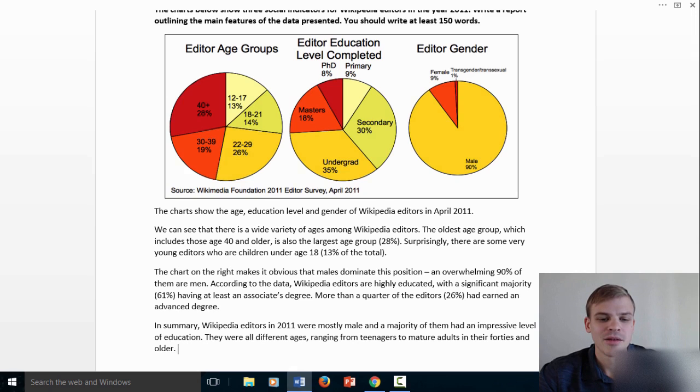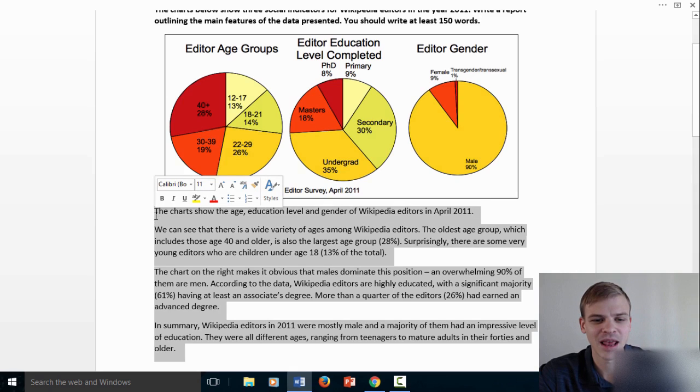Okay, now I didn't write very much. I had a very short introduction, and then my body, I talked about all three charts, and the summary. Again, we're just restating the question and kind of what we see in these graphs. We're kind of summarizing the body. So let's see if I wrote 150 words.